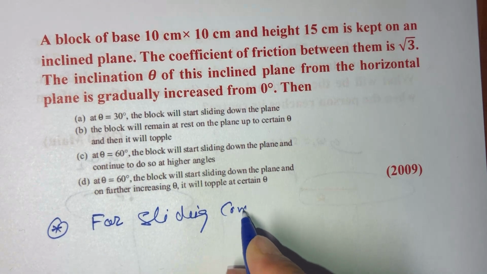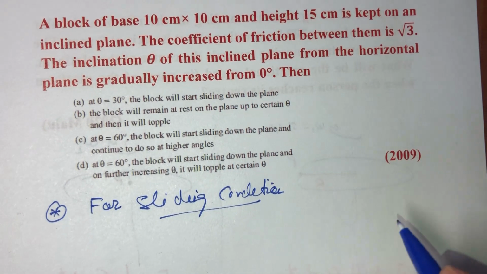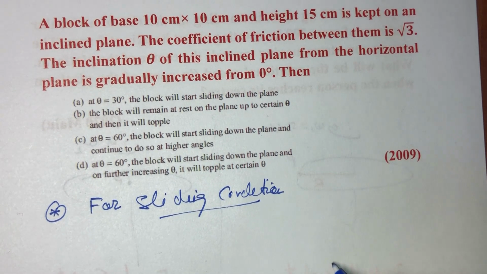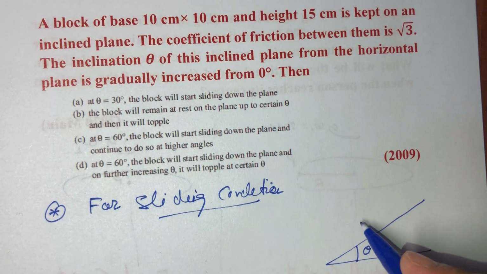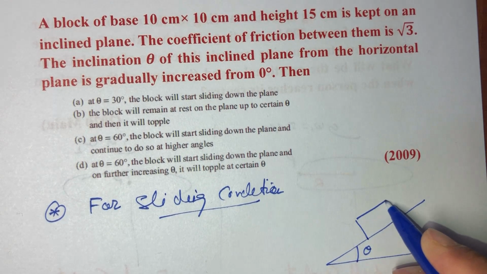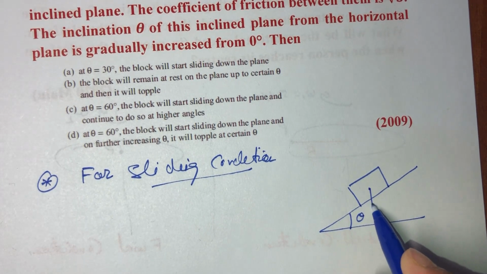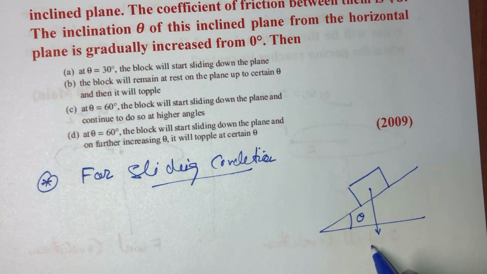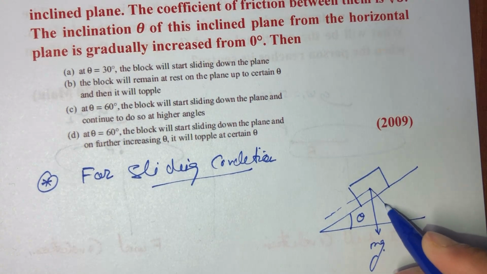For sliding condition, let this be angle theta, and we have the square block. In the downward direction, we are going to have mg, which can be divided into two components.